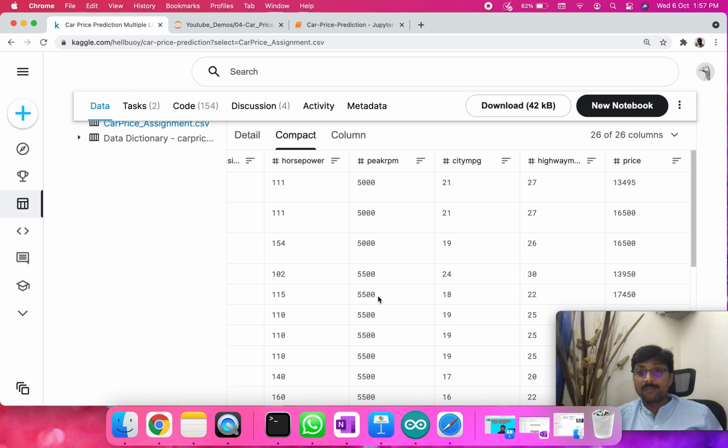The machine will learn from these parameters, for the input and output parameter, and then it will try to figure out whether there is a linear relationship here. If there is a linear relationship between these input parameters and the price, it's going to determine how much weightage each parameter will have on the overall price. It's going to figure out the best equation that will really predict the price.